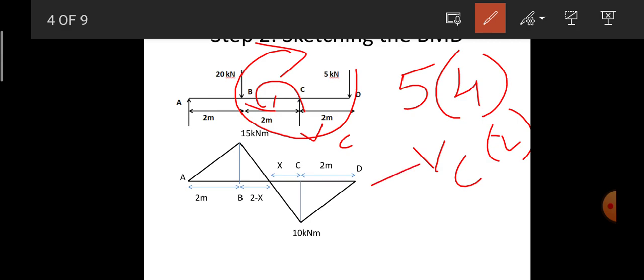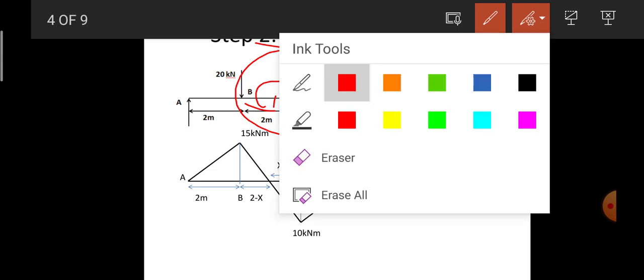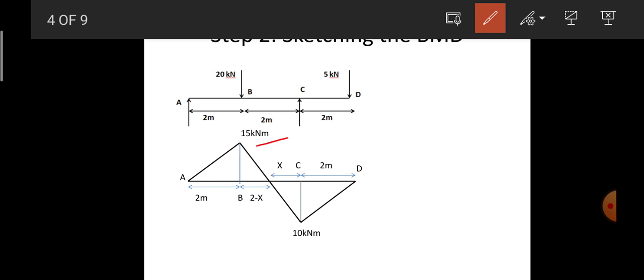Anti-clockwise is positive and clockwise is negative, so we get 20 minus 17.5 into 2. Therefore we get the value as plus 15 kilonewton meter, so it is drawn above the baseline.